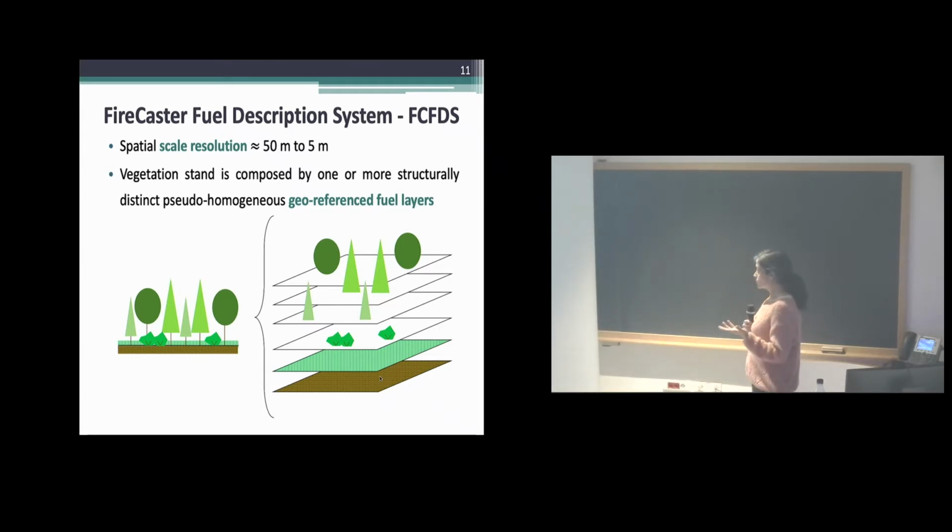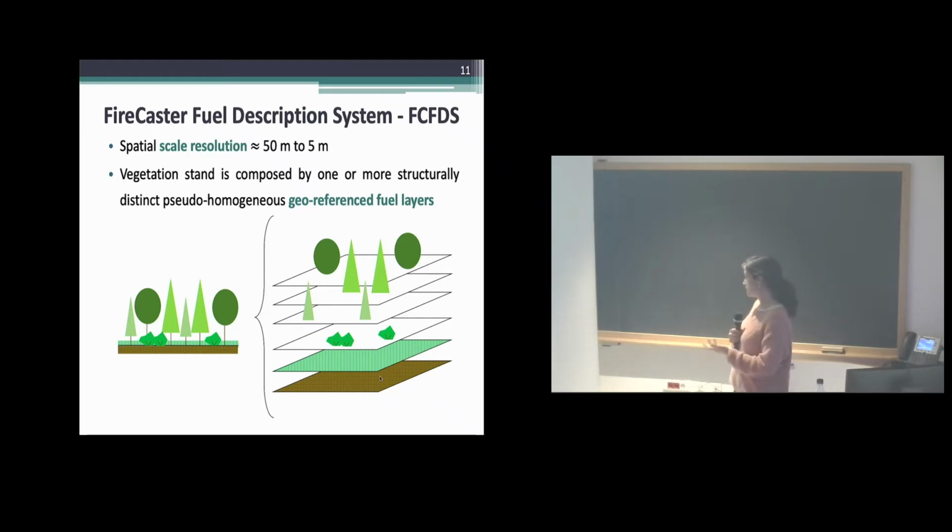The Firecaster field description system is, as I said, a data structure, and we have modeled a vegetation stand considering that it is composed of several structurally distinct, pseudo-homogeneous and georeferenced field layers. This description is adapted for a resolution scale from 50 meters to 5 meters.